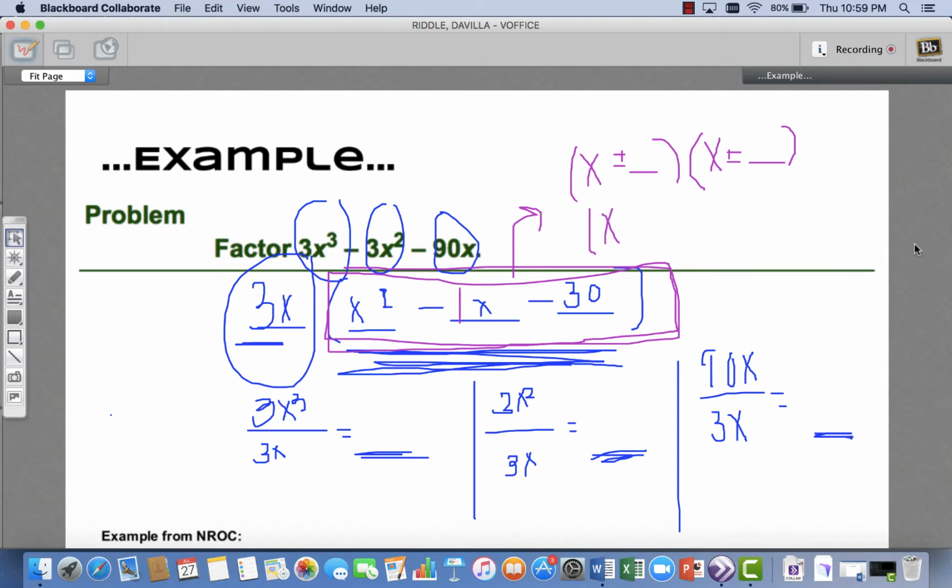Okay, so we're going to get, it doesn't matter what order you put it in this time, x minus 6, x plus 5. And don't forget the 3x from right here. That'll just be right here in front. So this is your final answer. Great job, Kyle.